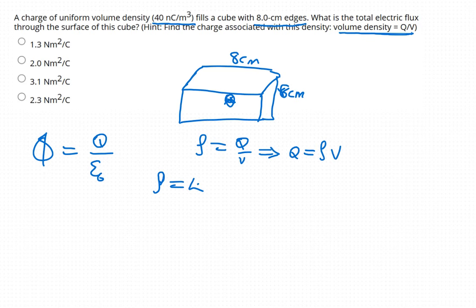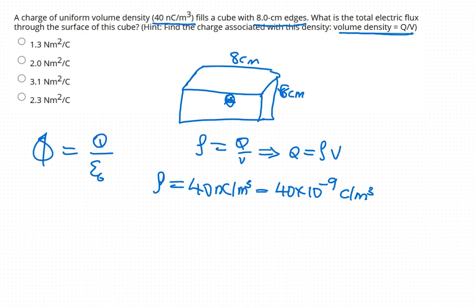We're given the volume charge density to be rho equal to 40 nanocoulomb per meter cube, which is equal to 40 times 10 to the power minus 9 C per meter cube.